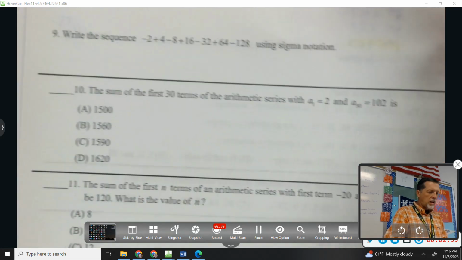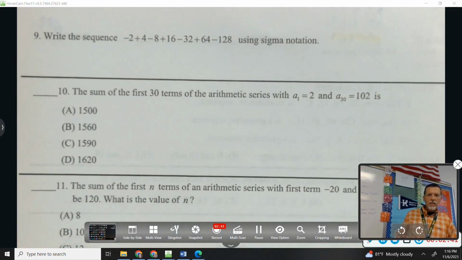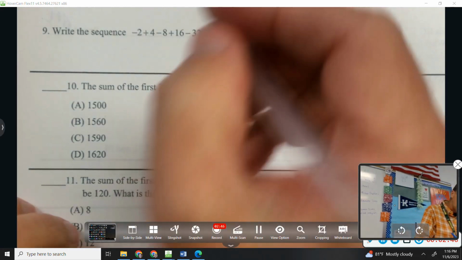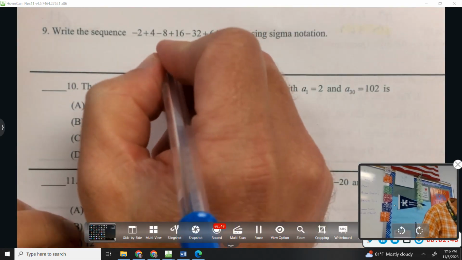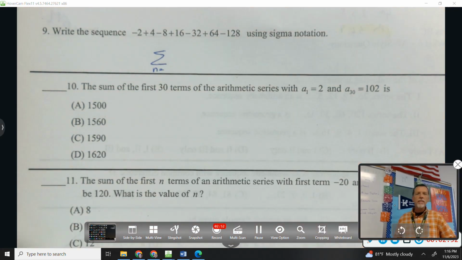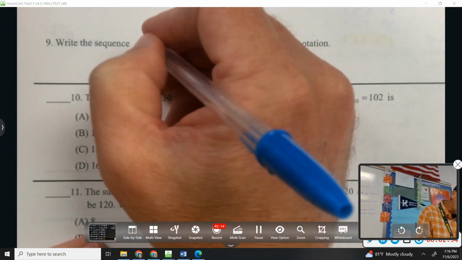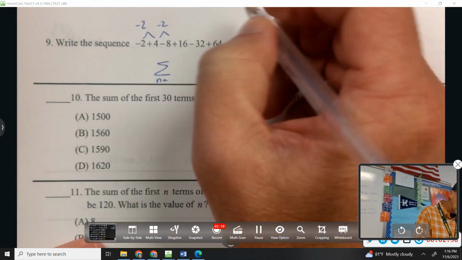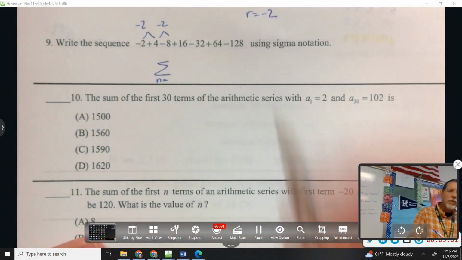Number 9. Write that sequence using sigma notation, but this one's not multiple choice, so I am going to have to do this one kind of on my own here. Let's see. Let's first figure out what's going on here. We're multiplying by -2, so r is -2.